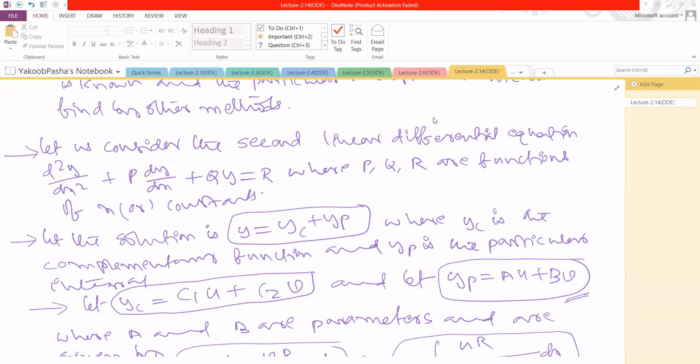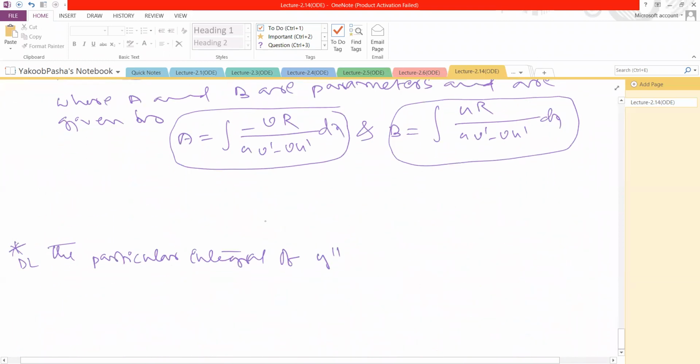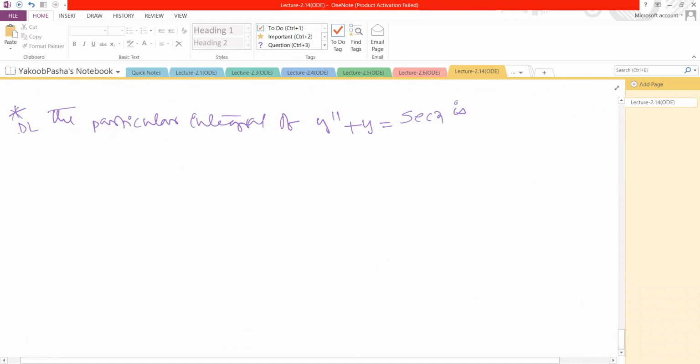Okay, now I am taking a problem here. The particular integral of y double dash plus y is equal to secant x. For yc it is the same procedure and there is no change in yc.